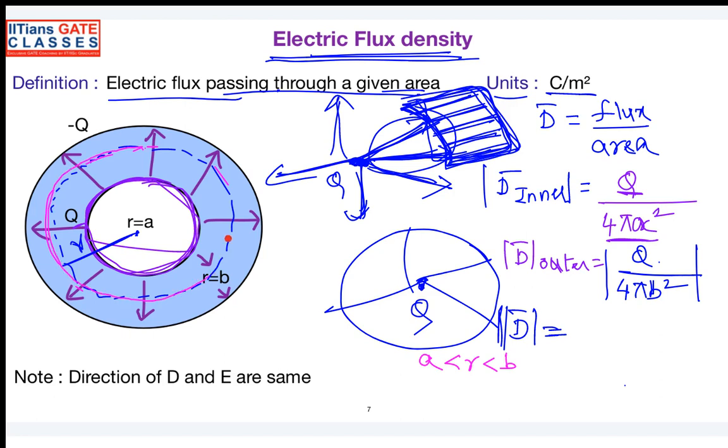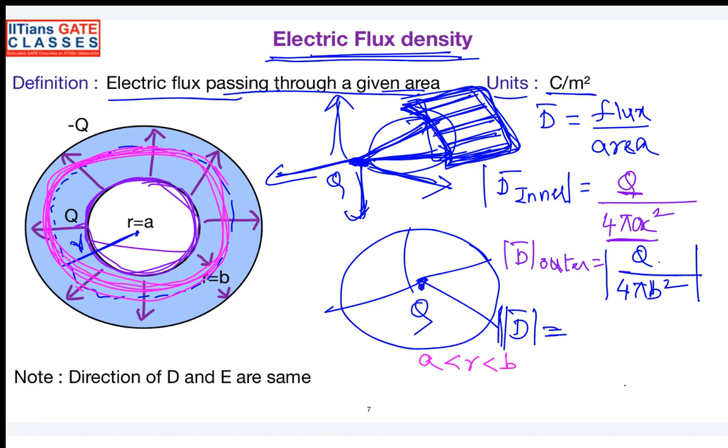Q, right? Yes, sir. So Q divided by the surface area of that, 4 pi r square. That's it. So at any radial distance of r, the flux density will be the charge divided by the area, Q divided by 4 pi r square. Is it clear, the flux density now?